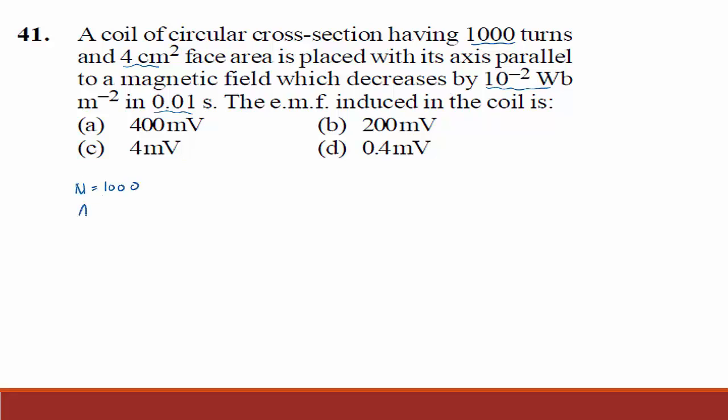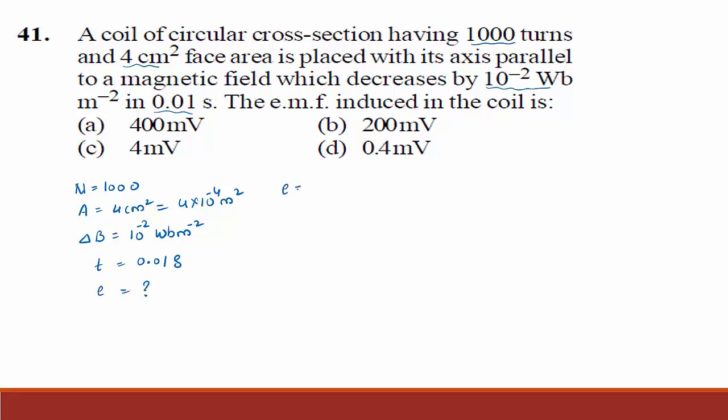Face area, A value is given 4 cm square which is equal to 4 into 10 raised to minus 4 meter square. Then change in the magnetic field, let us take it as delta B, is equal to 10 raised to minus 2 Weber per meter square. And time is given 0.01 second. And then EMF induced in the coil that we have to calculate.